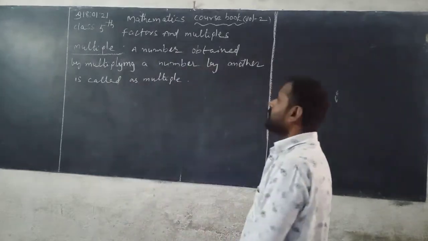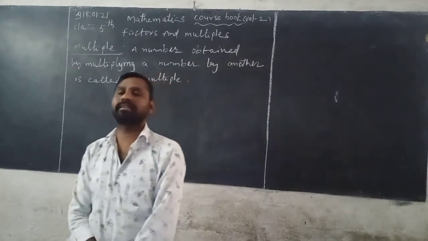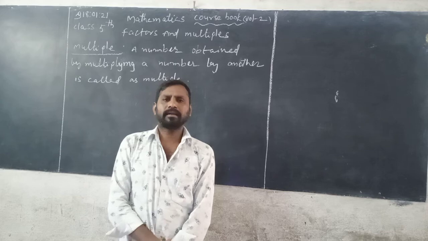A number obtained by multiplying a number by another number is called a multiple.